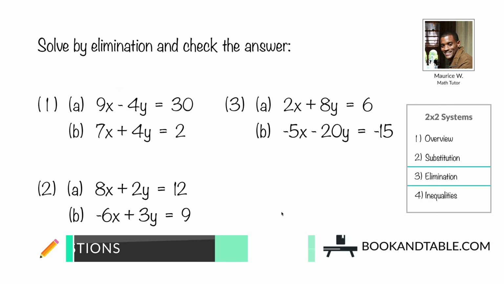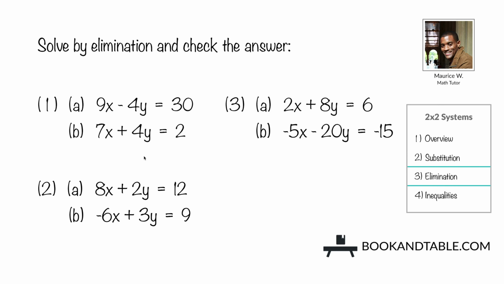Let's now have you complete a few practice questions. Solve by elimination and check the answer. Question number 1, equation A, 9x minus 4y is equal to 30. Equation B, 7x plus 4y is equal to 2. Question number 2, equation A, 8x plus 2y is equal to 12.